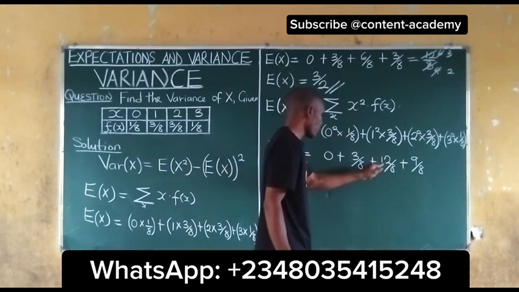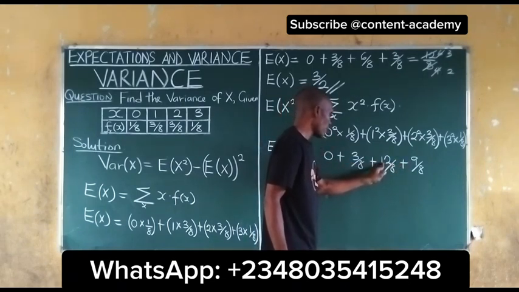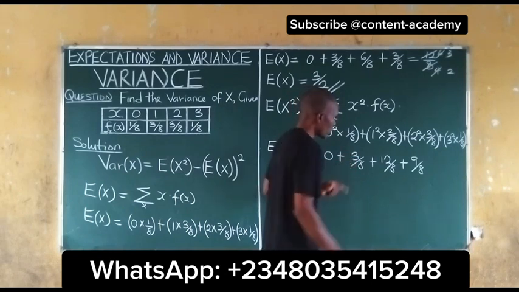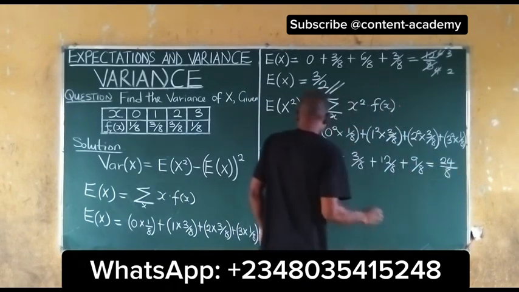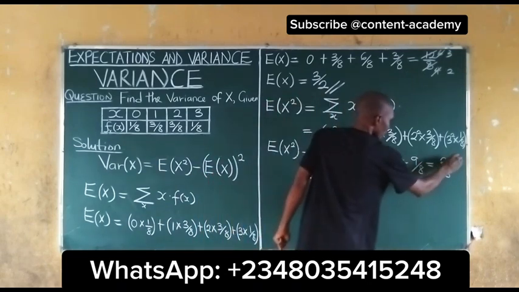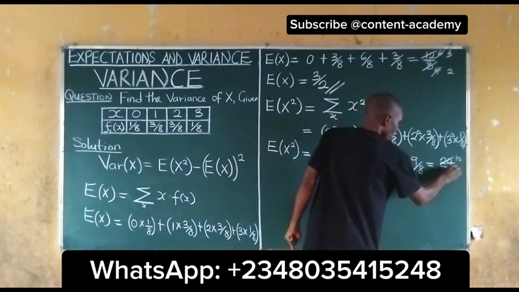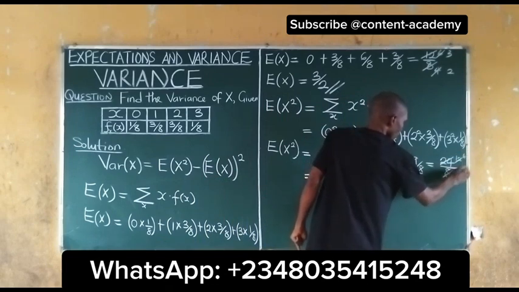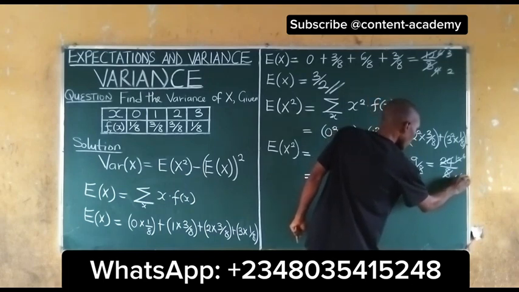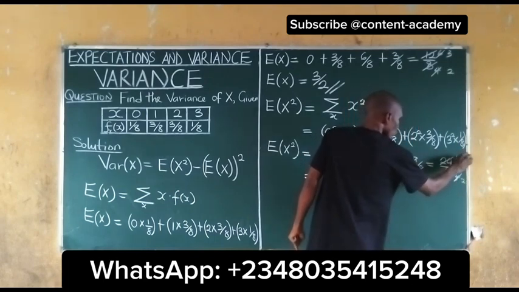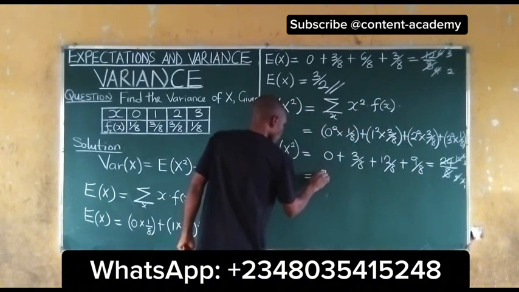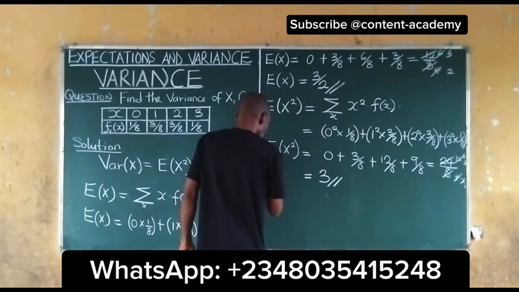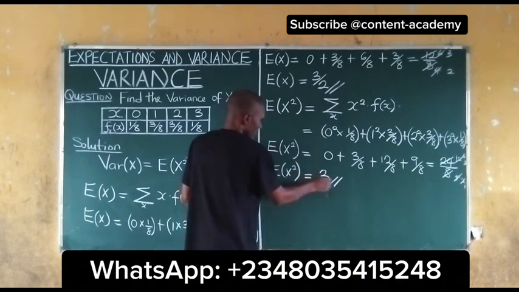So we have 3 plus 12 plus 9, which is 24, so 24 all over 8. Of course, 24 over 8 cancels to give us 3. So our expected value of x squared is 3.